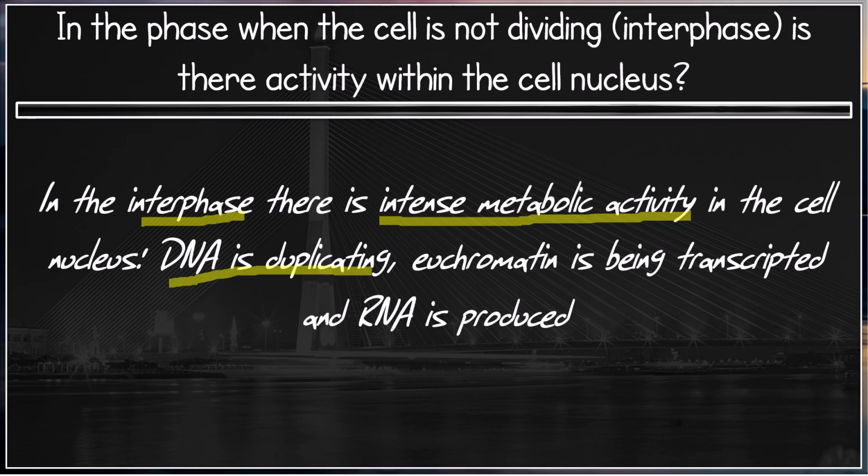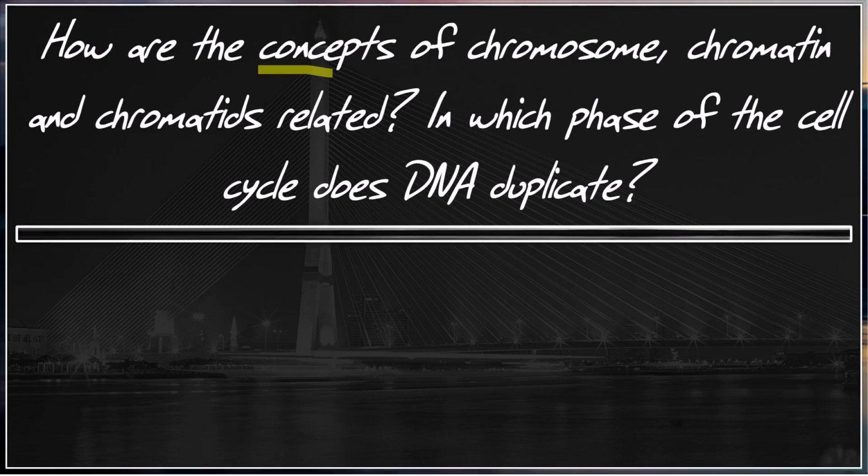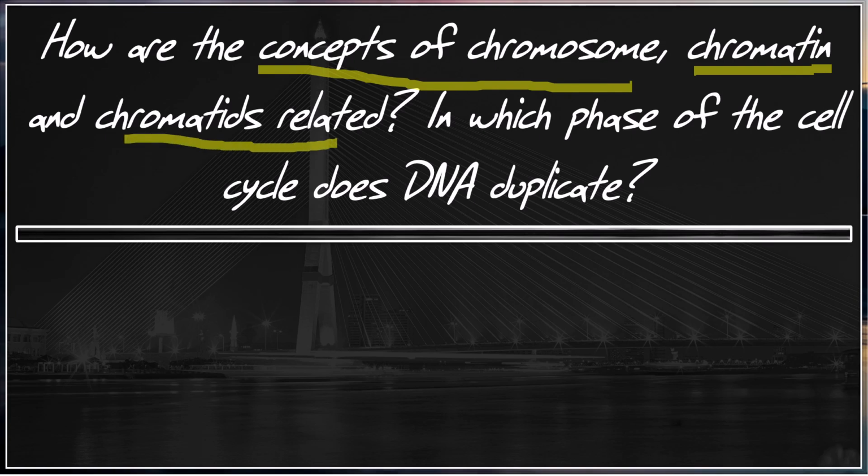DNA is duplicating, euchromatin is being transcribed, and RNA is produced. How are the concepts of chromosome, chromatin, and chromatids related? In which phase of the cell cycle does DNA duplicate?